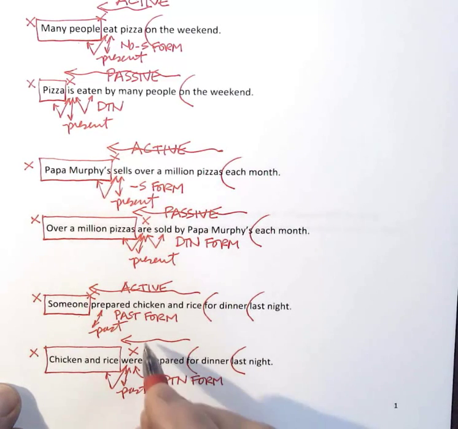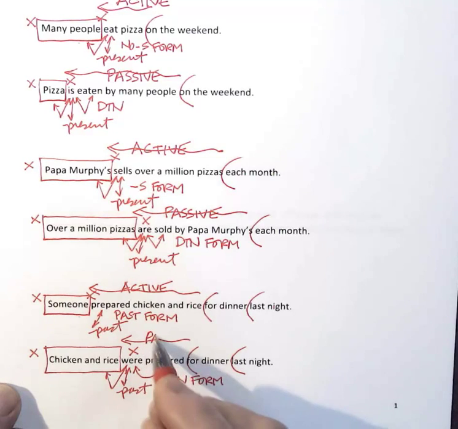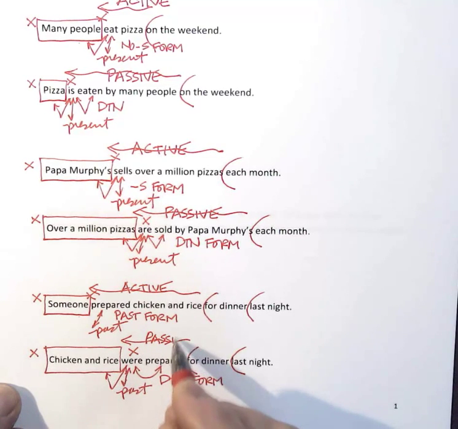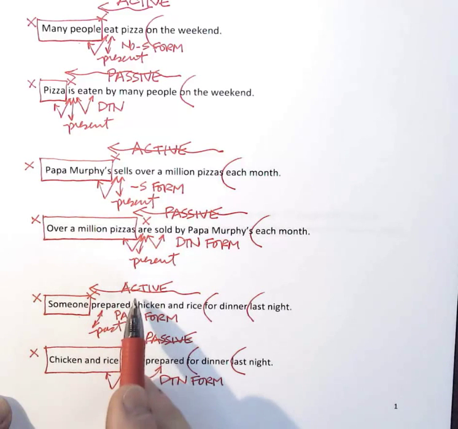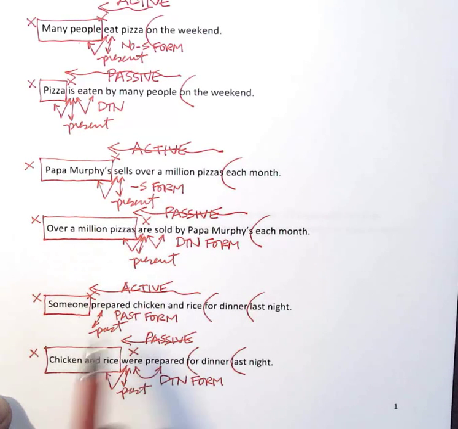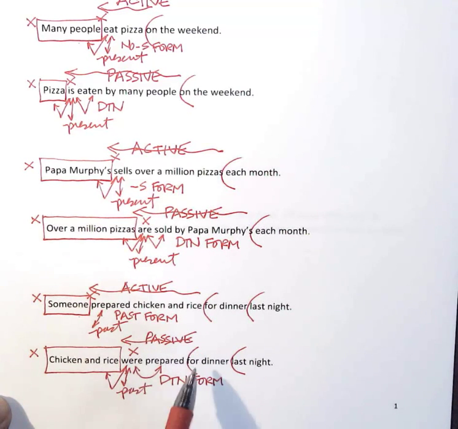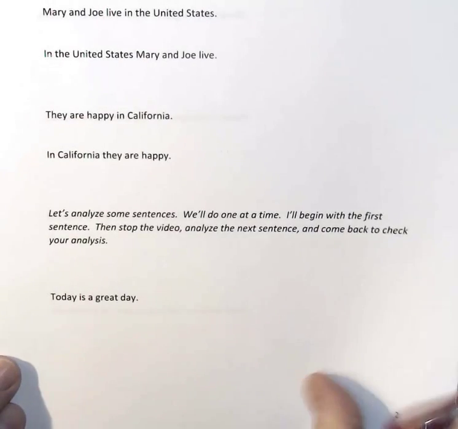And now I know that this is a passive sentence. And it's telling me something happened to the chicken and rice. The sentences, active and passive, may mean the same thing, but the structure of the sentences and the way the action goes is different. Okay, so let's take a look at something else now.